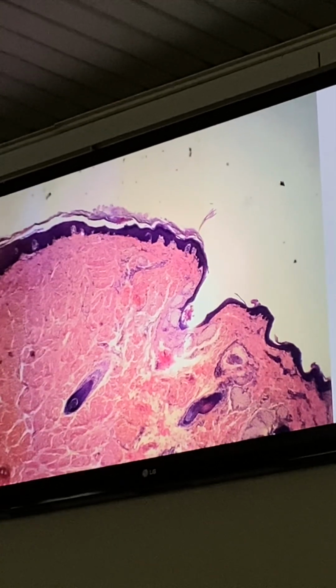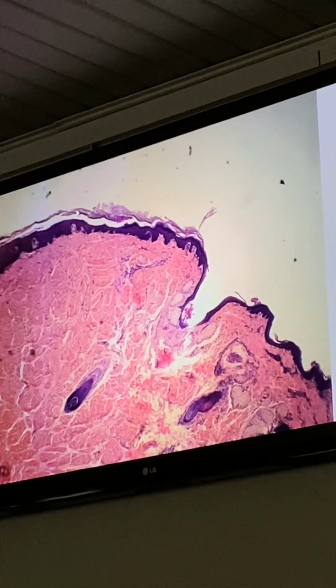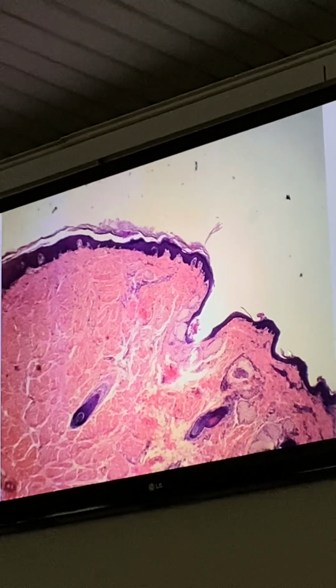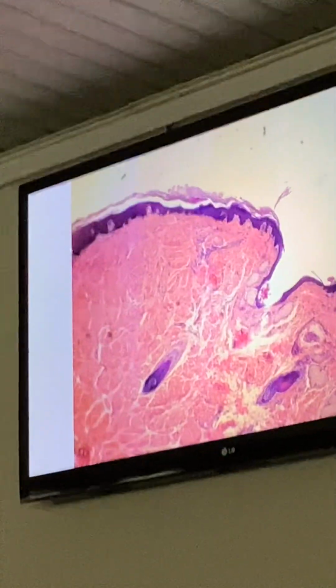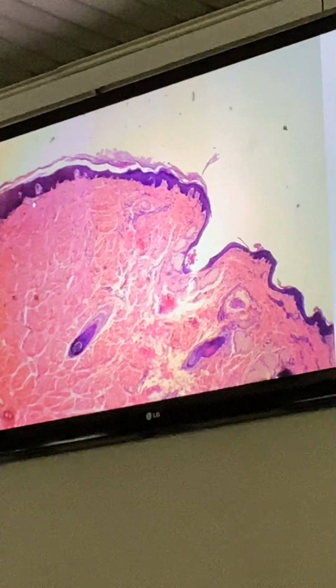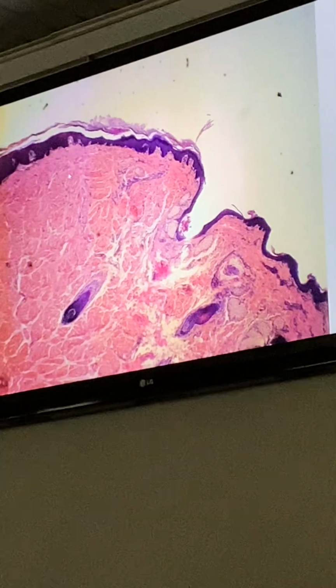This is the transition layer between thin skin and the mucosa, called the vermilion or red border or red zone.